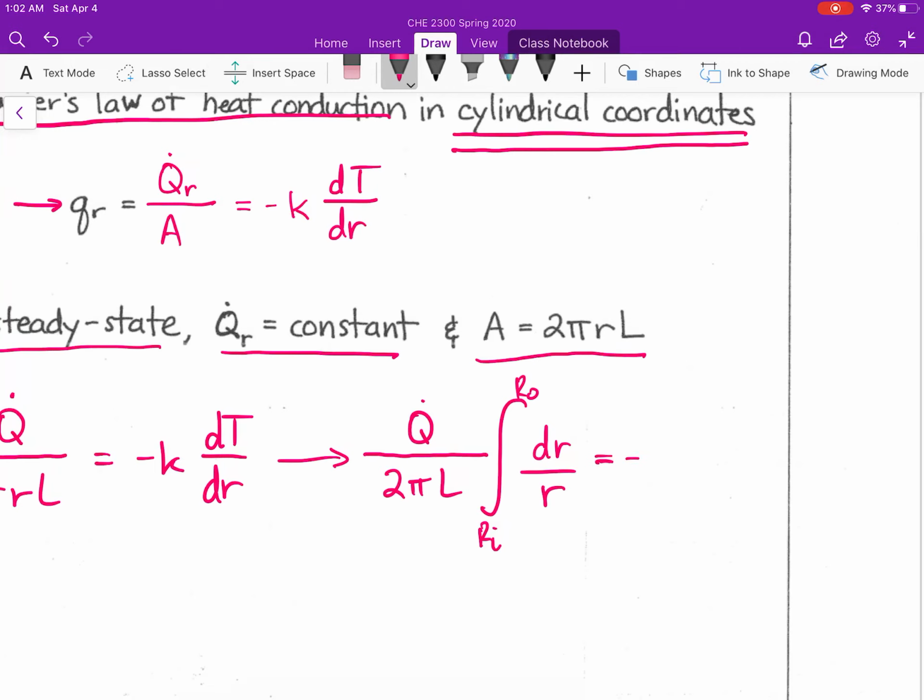On the other side of my equation, I'm going to assume that my material has a constant thermal conductivity. And I'm going to take the integral from T sub I to T sub O of dT.